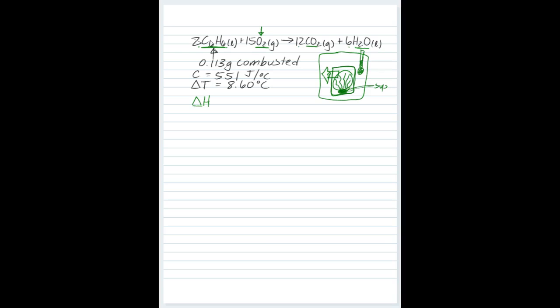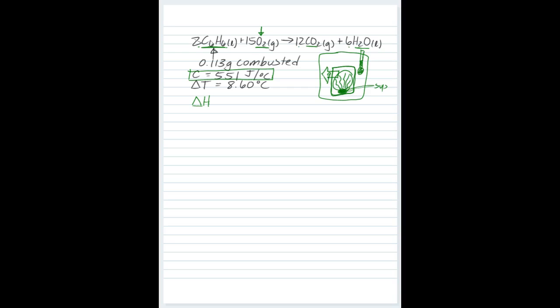However, in a bomb calorimeter, usually the change in enthalpy due to that pressure change is quite small. It's in the hundredths or the thousandths place. And when it's not that small, it's usually factored into the calorimeter constant.